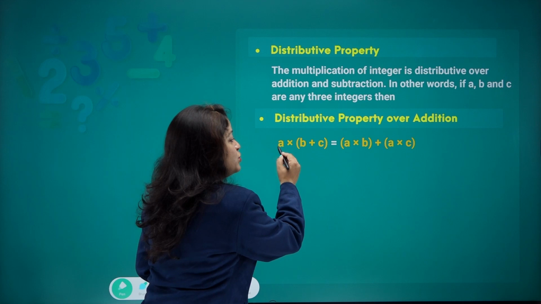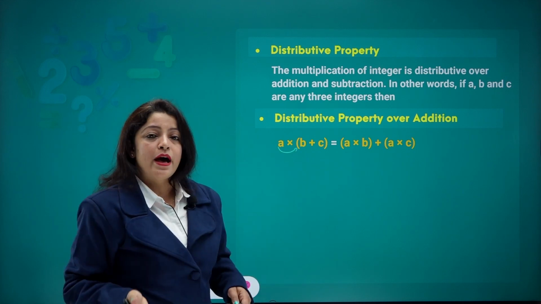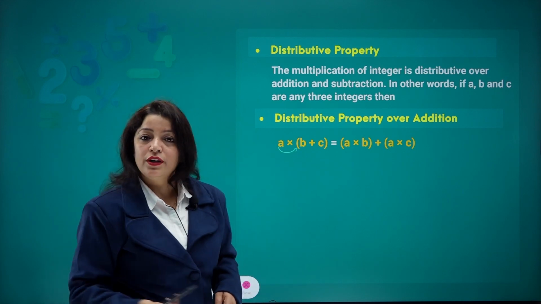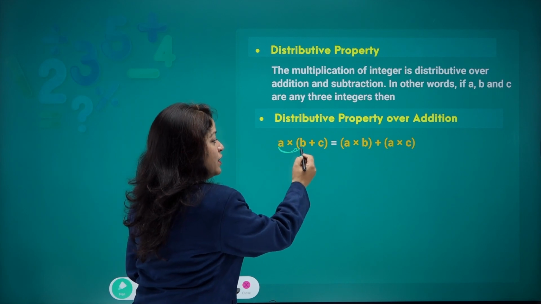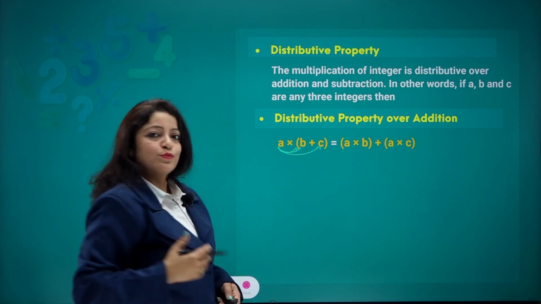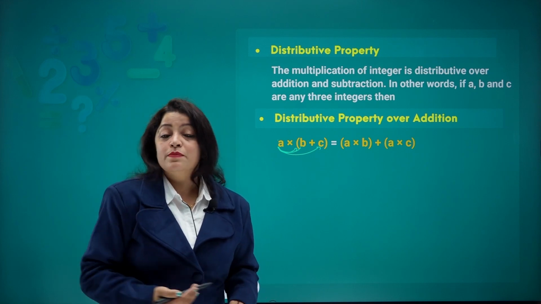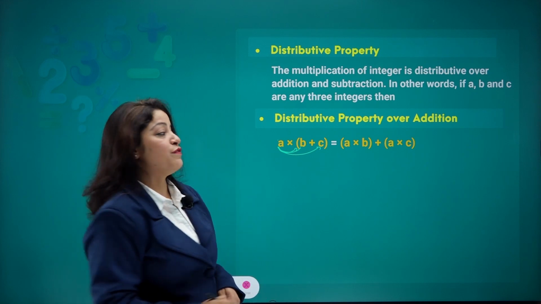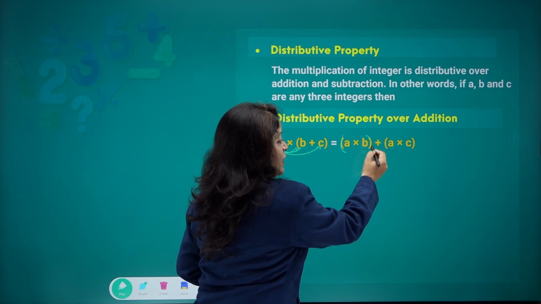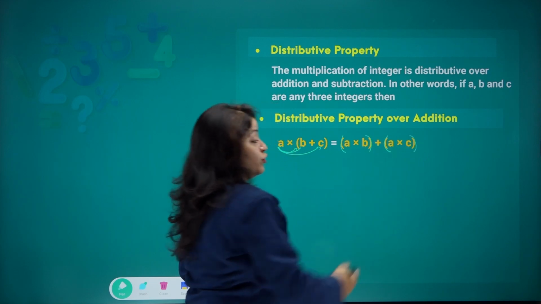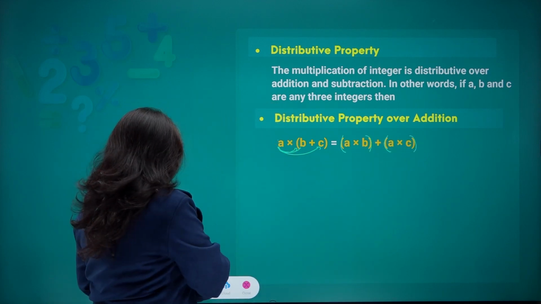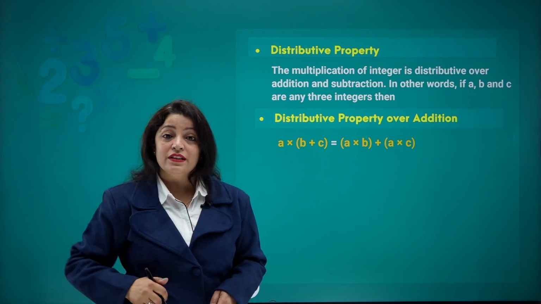A will go to the class and A will distribute the chocolate to the brother also and to the cousin also. Very simple. So A will be distributed over B as well as over C in the class itself, right? So we have A and B getting multiplied and A and C also getting multiplied.